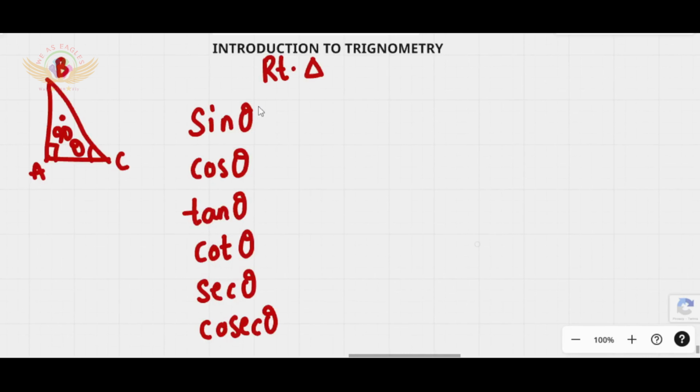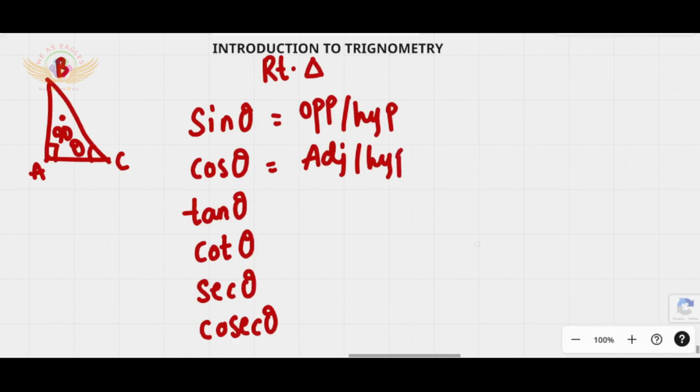So what is sine? Sine is opposite side by hypotenuse. Cos is adjacent side by hypotenuse. Tan is the proportion of sine by cos. So automatically the hypotenuse will get cancelled, so it is opposite by adjacent.